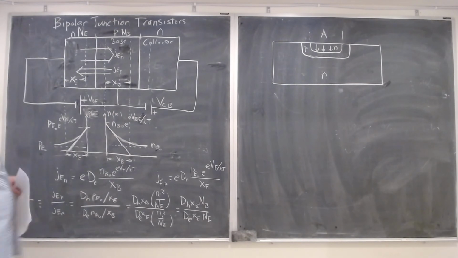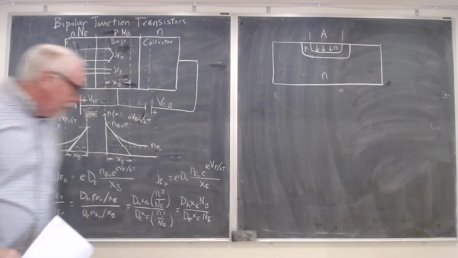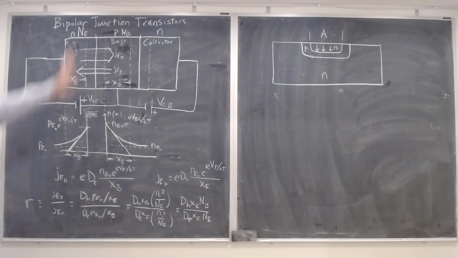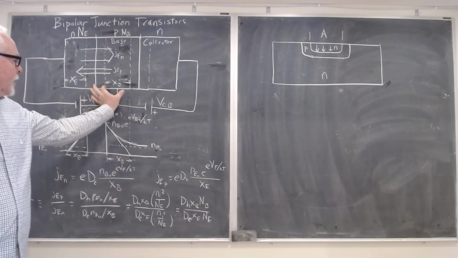There you go. So the emitter is doped more heavily than the base, and it gives rise to this being much bigger than that. And here is the actual ratio of that to that. And so you can see you can also make the ratio smaller by making X_B smaller.